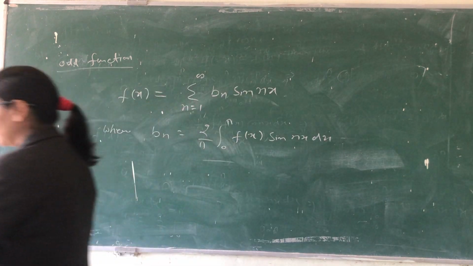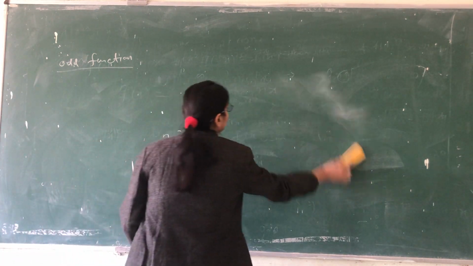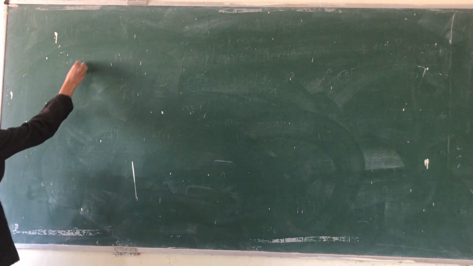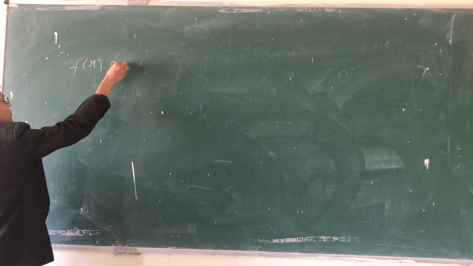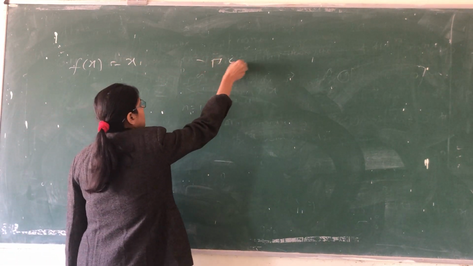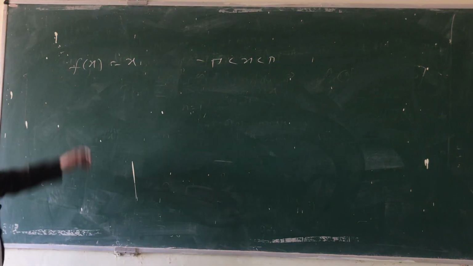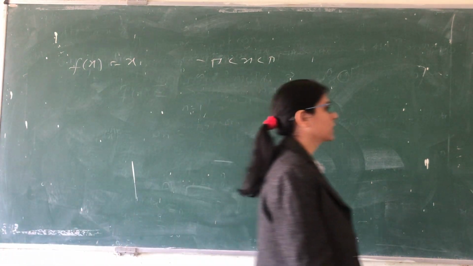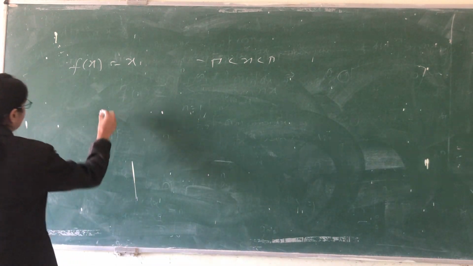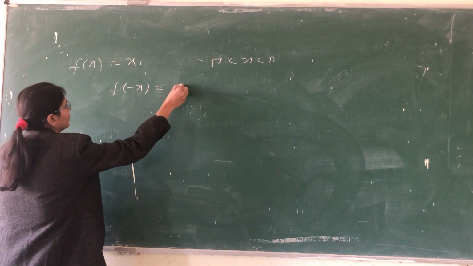Let's take an example of this. There is a function f of x equals x defined from minus pi to pi. Now find the Fourier series of the function f of x equals x. Here we know that f of minus x is minus x, which is minus f of x.